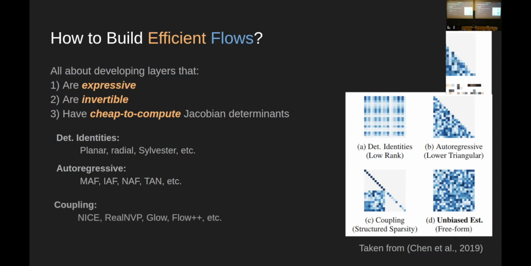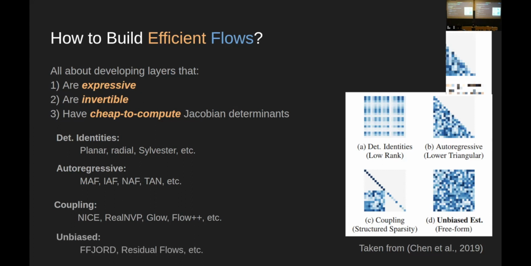Next, coupling. Also a lower triangular matrix. They introduce some more sparsity, which essentially makes it so that you can compute the density and sample fast. And we'll look at this soon. In here you find NICE and RealNVP that we mentioned before, which you'll also implement, and then also Glow and Flow++, and so on.